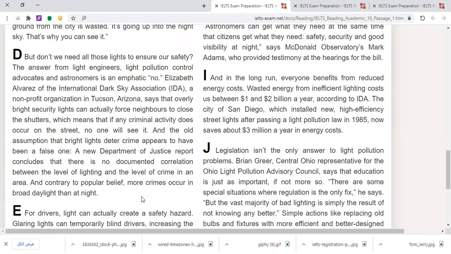Can crimes happen in a place that is very bright and has a lot of light? Yes, it can. It doesn't matter if it's in a dark place or in a very light place, the crime will happen, right? So as you can see in the last line, contrary to popular belief, more crimes occur in broad daylight, meaning in mornings and afternoons, than at night.